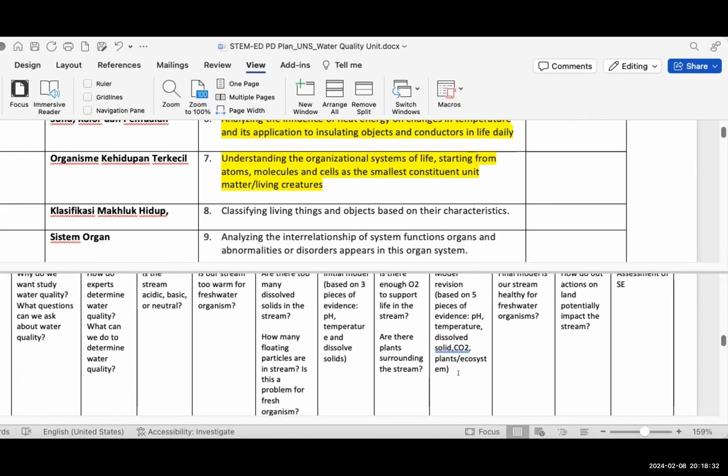Right? Yeah. I'm wondering, looking over yours, the modeling after the first three water quality tests you have, and then at the end, in terms of formative assessment, seeing where students are in their learning, I don't know if you want to think about having smaller things a little earlier, just to make sure students are developing the understanding.